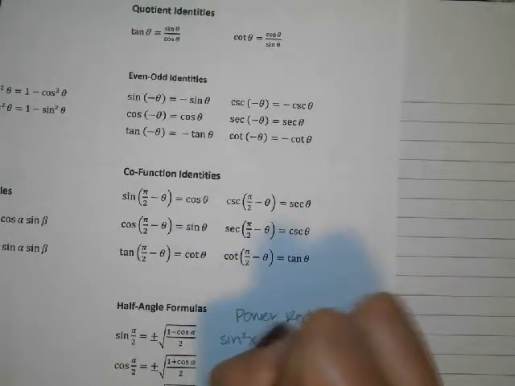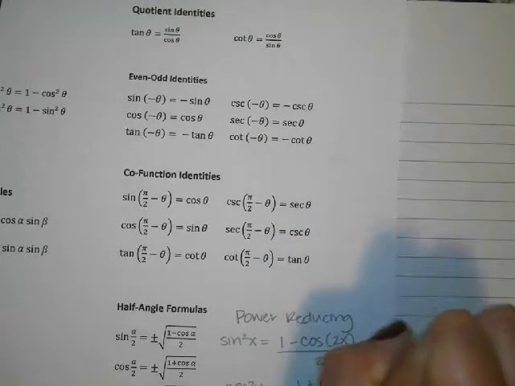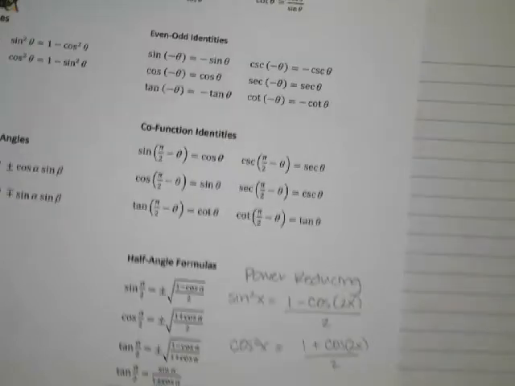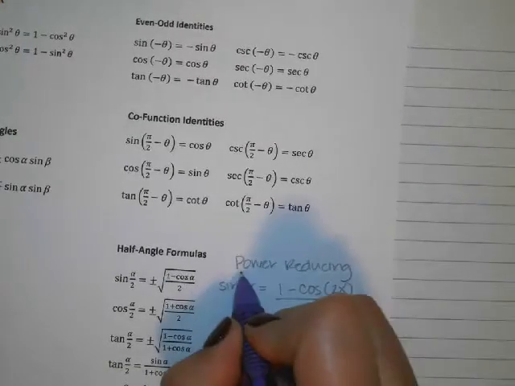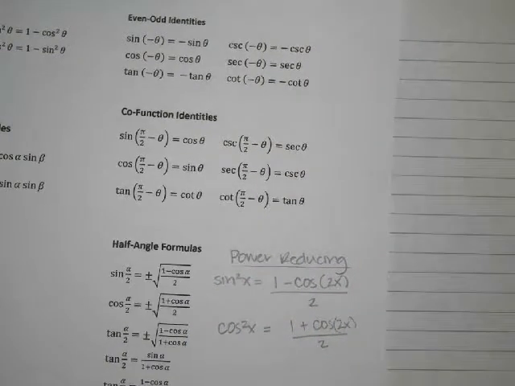All right, so on my sheet, I'm going to add that cos squared x is 1 plus cos 2x over 2. That's the second power reducing formula. There are probably others, but honestly, these are the only two that really get used.